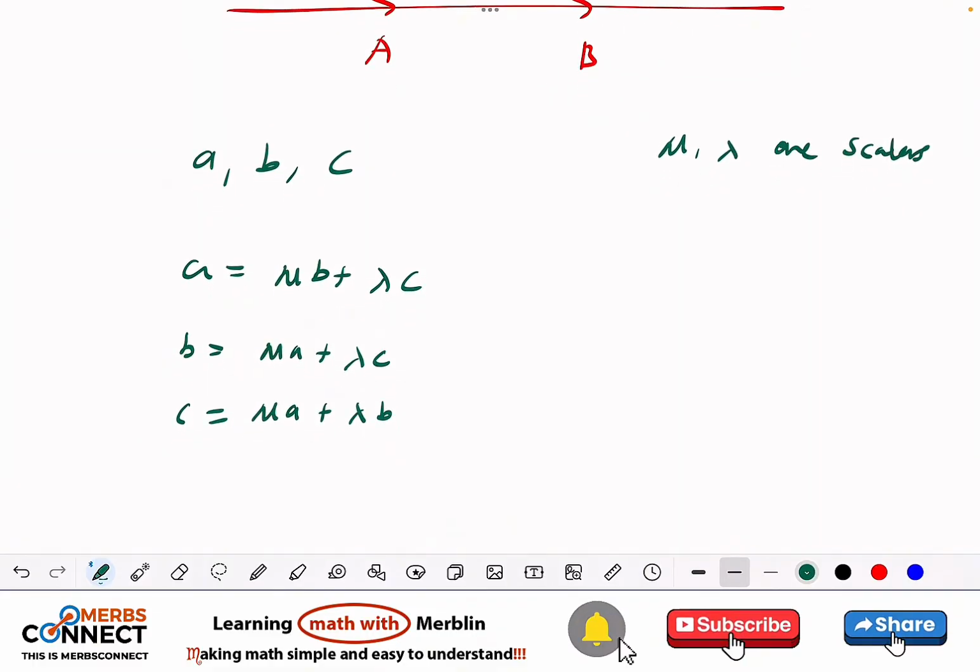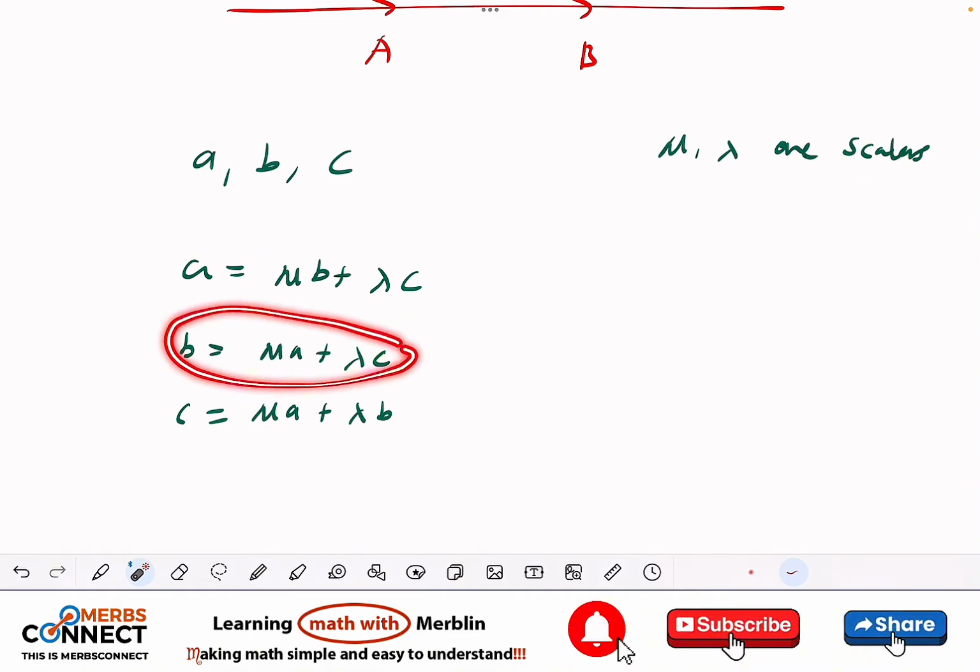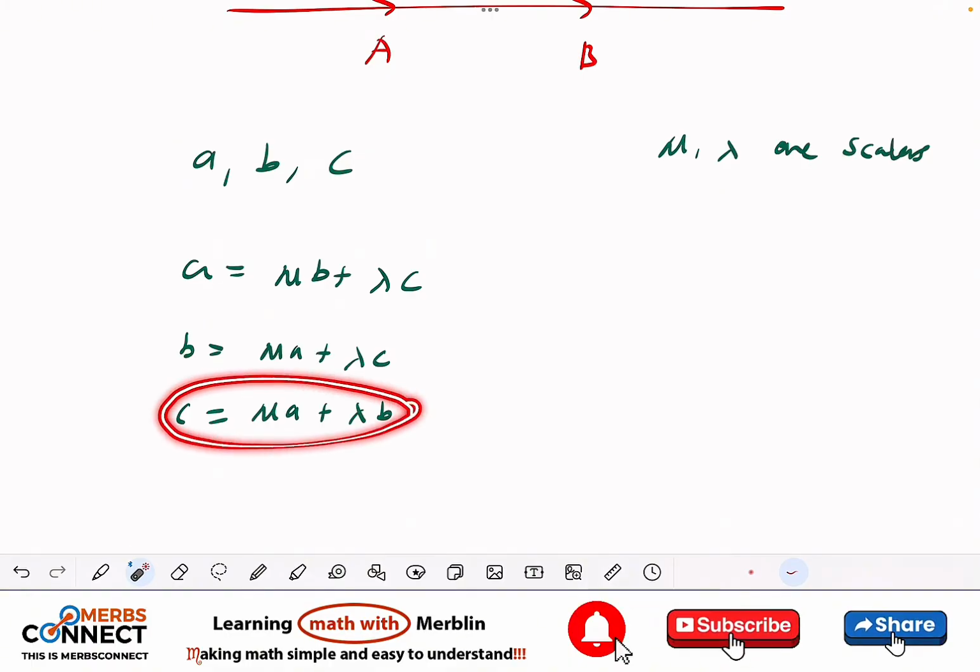It depends on how the question is going to say. If the question says that A is coplanar to B and C, then we write it in this form. If the question says that B is coplanar to A and C, then it goes in this form. If C is coplanar to A and B, then we can write it in this form.